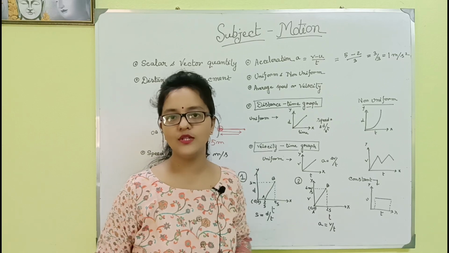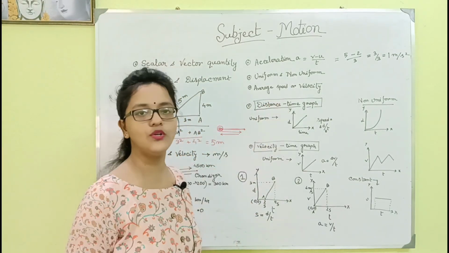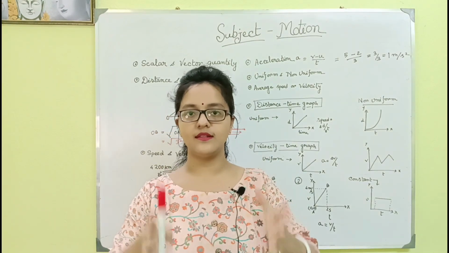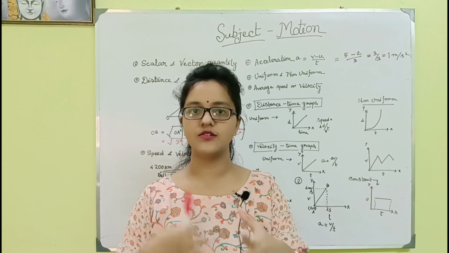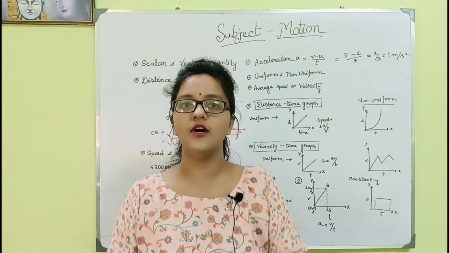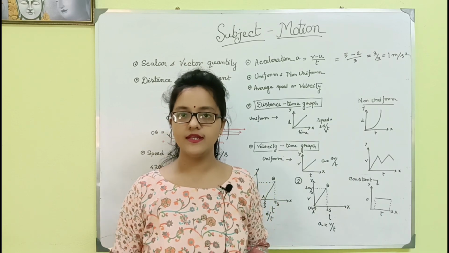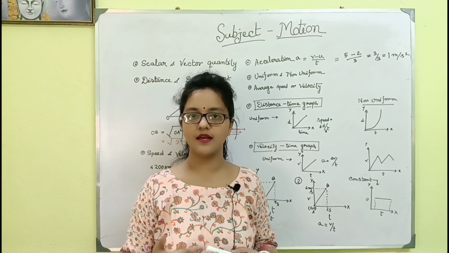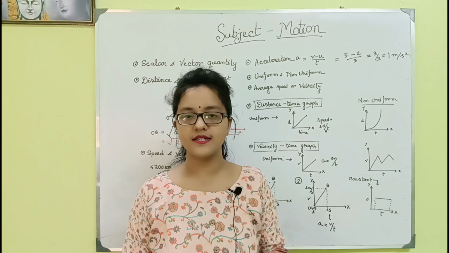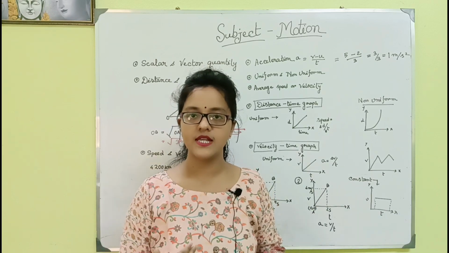Now the next point is uniform versus non-uniform motion. When the path is lonely, the body, the bike rider, can travel an equal amount of distance in equal intervals of time. This is uniform motion. When it is a crowded path, in the non-crowded area the body can move fast, and in the crowded area the body can move slow. So there is a difference.